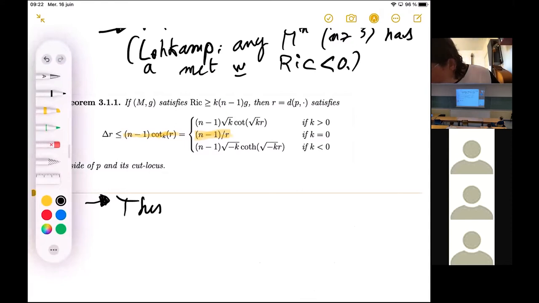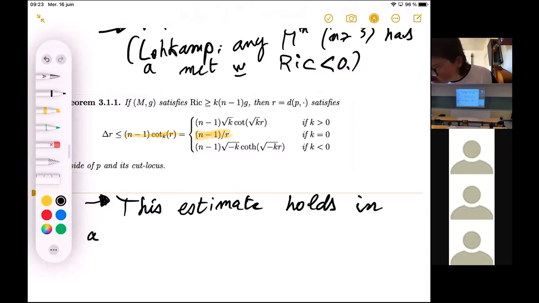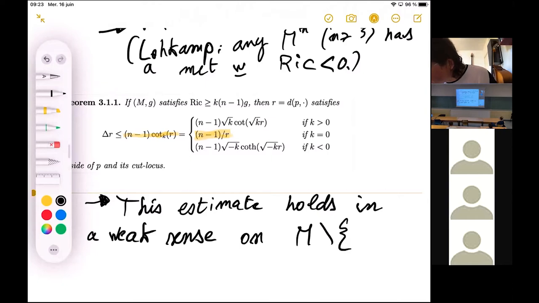This estimate holds in a weak sense on M minus p.